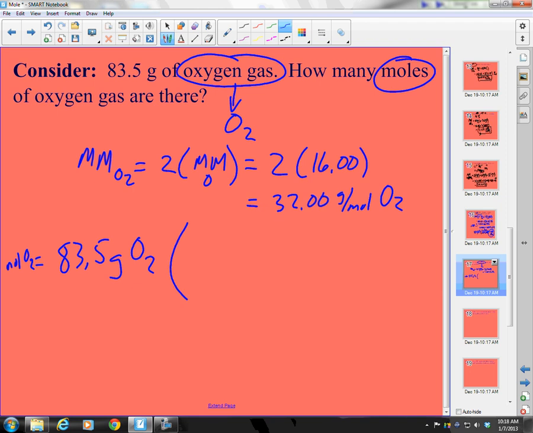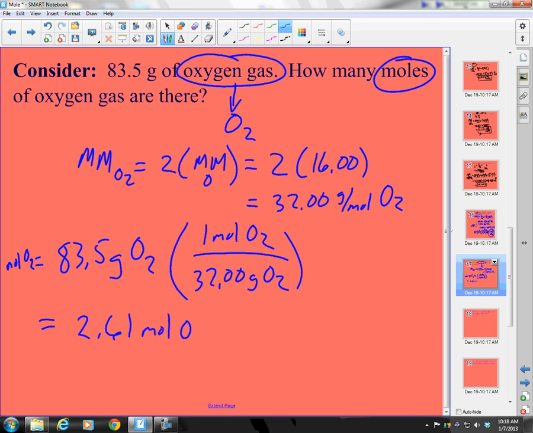times 1 mole of O2 over 32.00 grams of O2. And so what do I get? 83.5 divided by 32, and I think that is 2.609. I only have 3 sig figs, so 2.61 moles of O2.